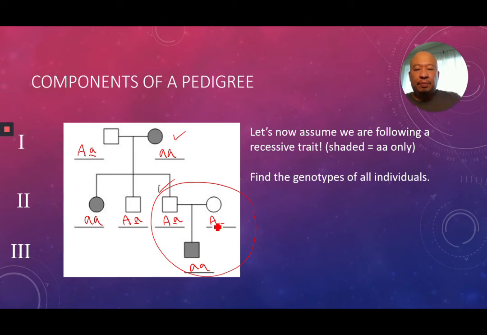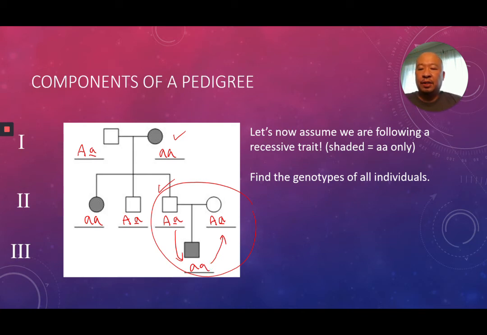But if we look at the child now, we can tell that one of these recessive alleles comes from the dad. The other one has to come from mom. So mom must also be heterozygous. And if mom is heterozygous and dad is heterozygous, it is possible for them to have a recessive child.